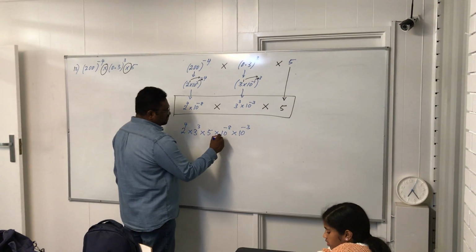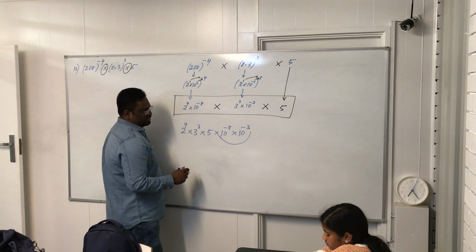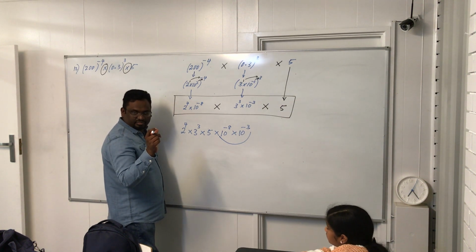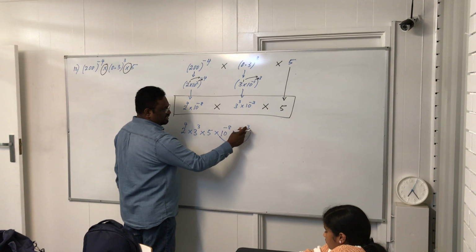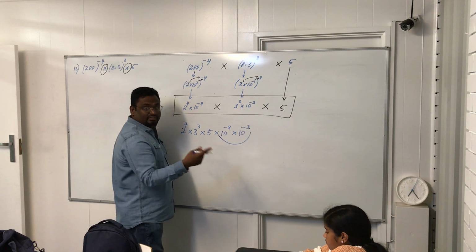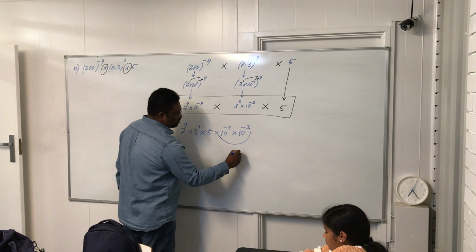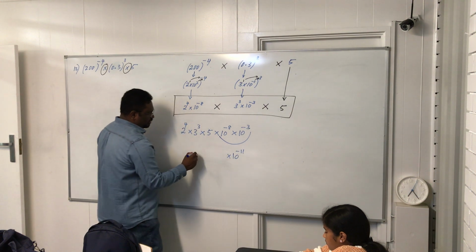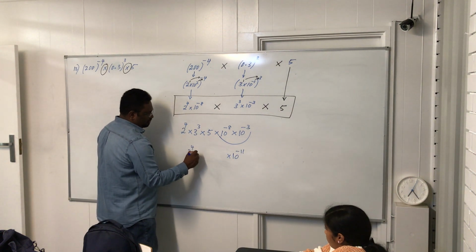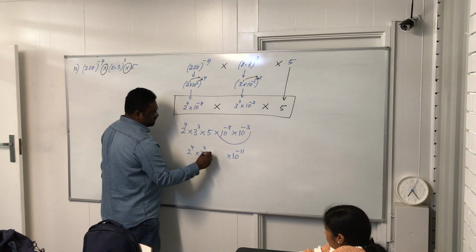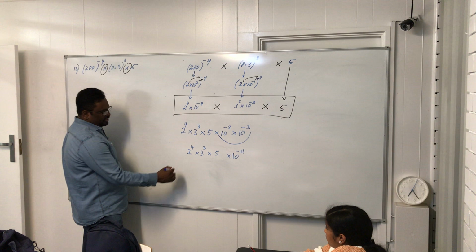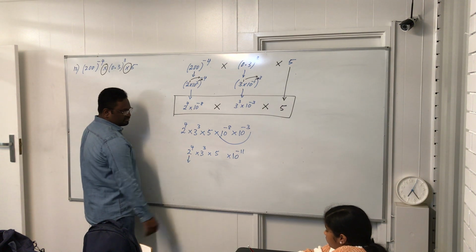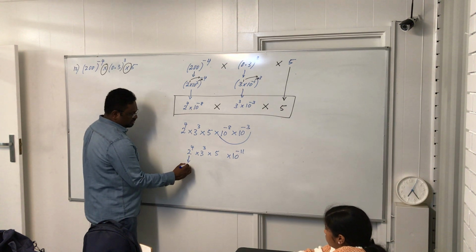Now what about this one? Combine. Powers are combining each other. So that would be 10 to the minus 8 minus 3, which is minus 11. So it's going to be 10 to the minus 11. This should be 2 to the 4 times 3 to the 3 times 5. Now tell me what is 2 to the 4, guys? 16.